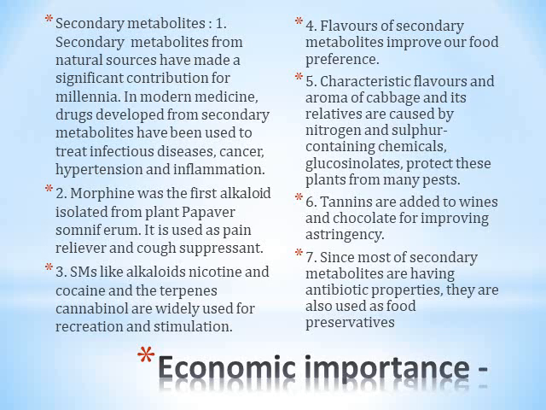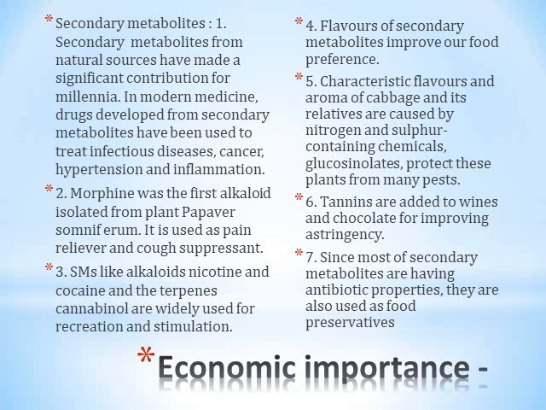For example, for cancer treatment, anti-cancer drugs are obtained from the secondary metabolite obtained from Vinca rosea, or it is also called Catharanthus roseus. Vincristine and vinblastine are the secondary metabolites obtained from this plant for treatment of cancer.